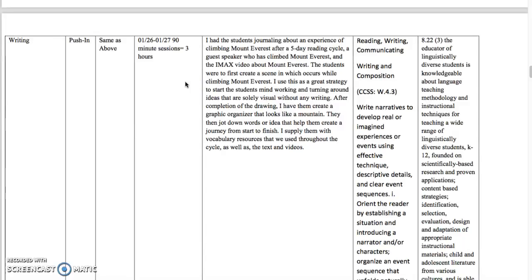So I used their minds and all of the visuals and the guest speakers to help them write this. I would also use a graphic organizer that looks like a mountain to help them with their memory and be able to write a good piece on what it would be like to climb Mount Everest.